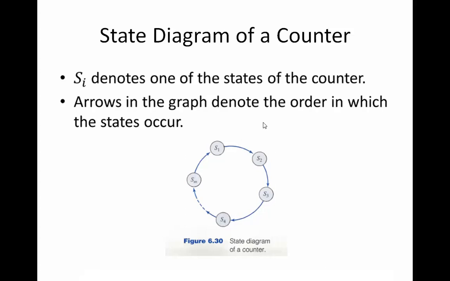So I hope this diagram is understood as to how these states are represented. Any doubts here? Okay, no, sir. Fine. If there are no doubts, then we will proceed.